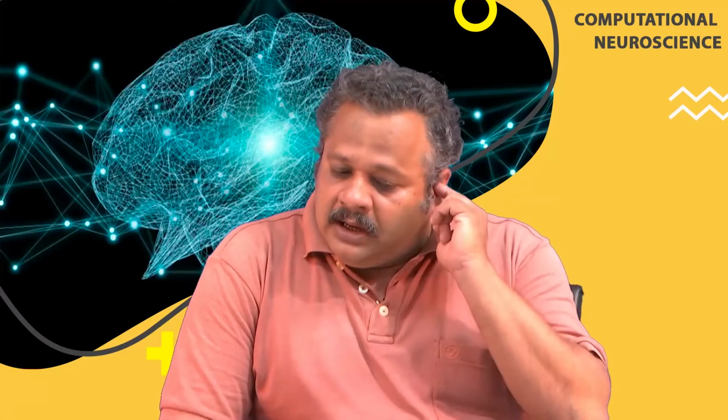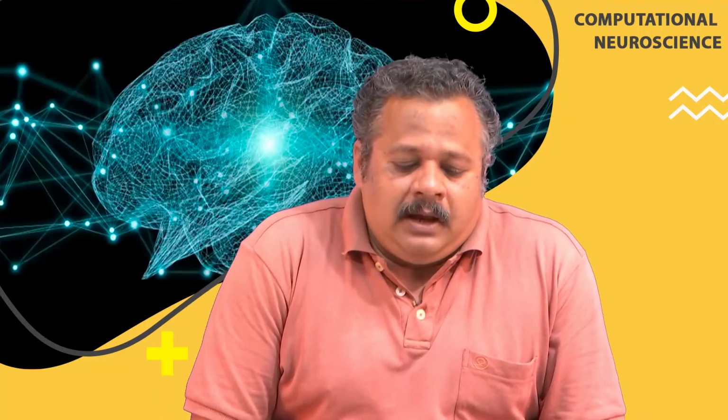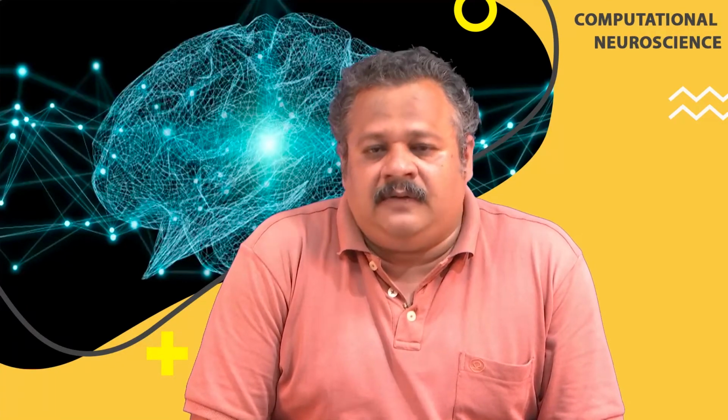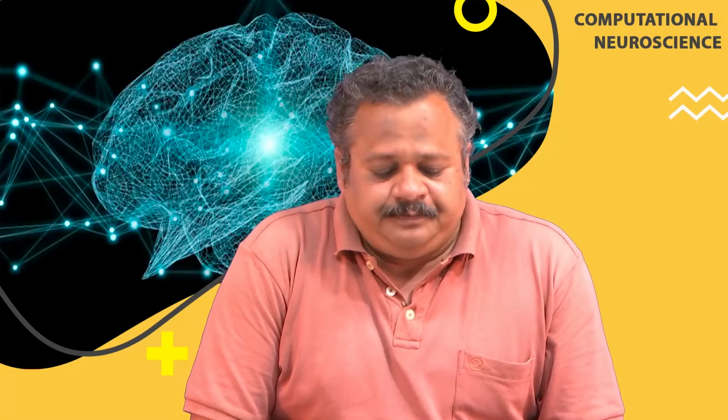So now actually the important point is that can we implement this kind of short term phenomena in models that we have discussed in terms of receptive fields of neurons.